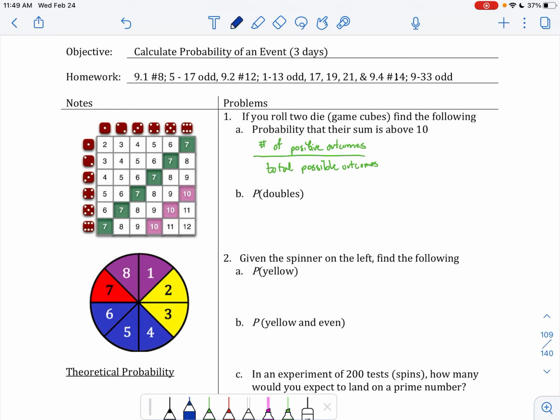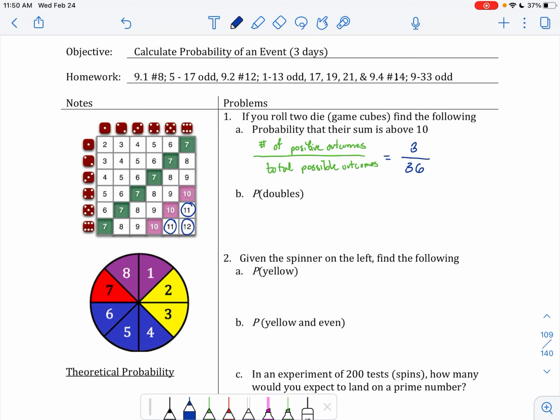There are 36 possible outcomes here. And the ones that we want are where they're above 10. So that would be 5 and 6, 6 and 5, and 6 and 6. You'll notice that I've circled 3 positive outcomes, the ones that we want. It is 3 out of 36.